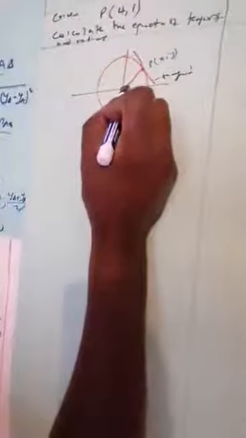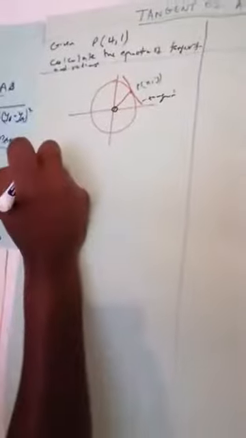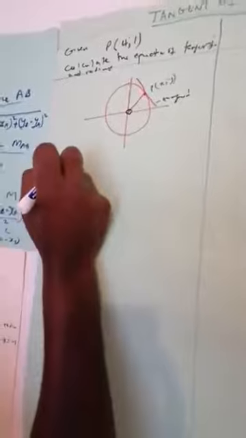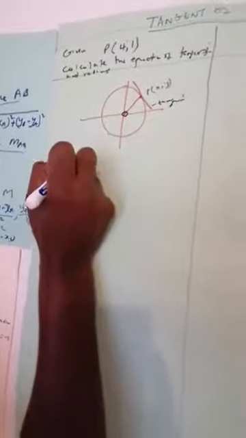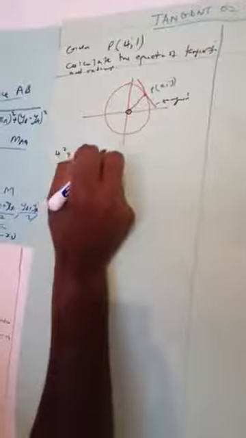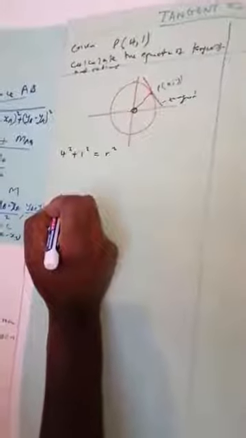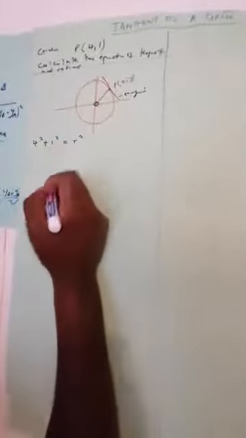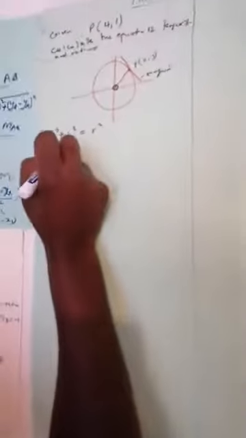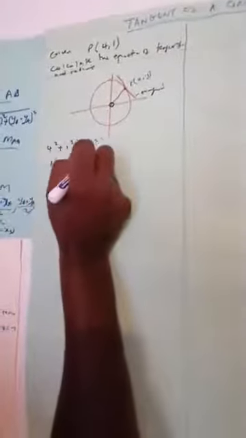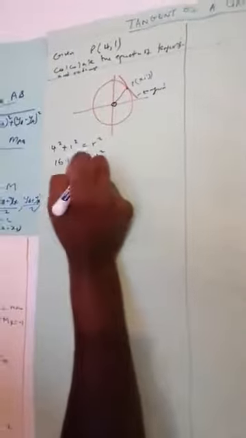If we want to calculate the radius, you know that this is from the origin, and we're given that point. It means 4 squared plus 1 squared is equal to r squared. That is the equation of this circle. 16 plus 1 is equal to r squared, so r squared is equal to 17.